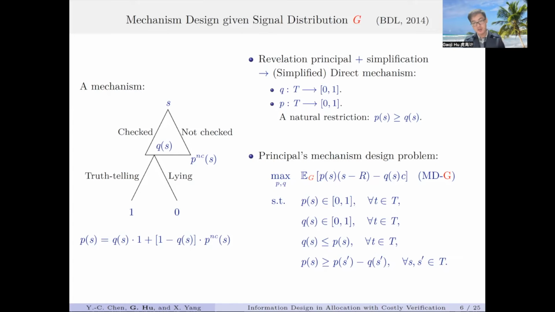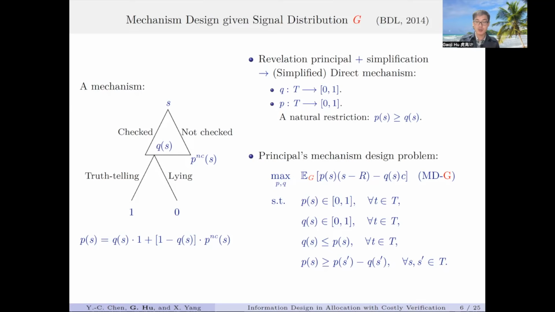There are a bunch of constraints. The first two constraints are quite simple. They just say that both the P and the Q values are probabilities. And the third constraint is the one we just mentioned. And the last constraint is the incentive compatibility constraint, which simply says that truth telling is better than lying.